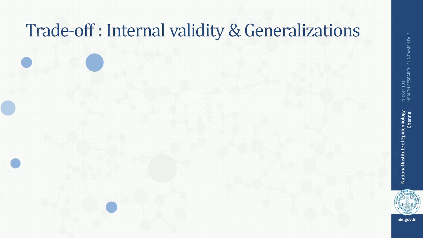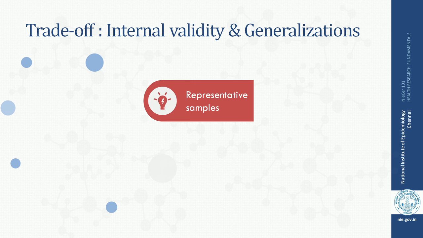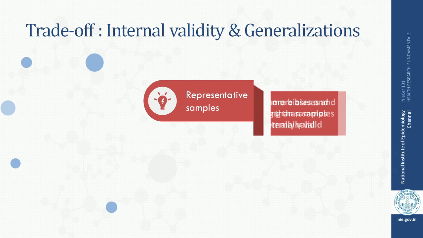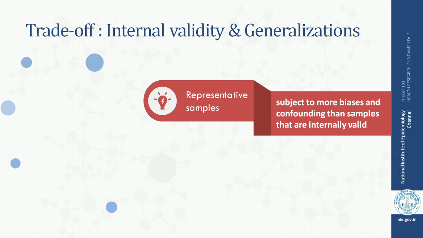Okay. Fine. So, now you could understand that there is some kind of trade off between internal validity and generalization. Okay. So, what happens when we select representative samples from the study population? When we are choosing representative samples from the population, they are subject to more biases and confounding than the samples that are internally valid.